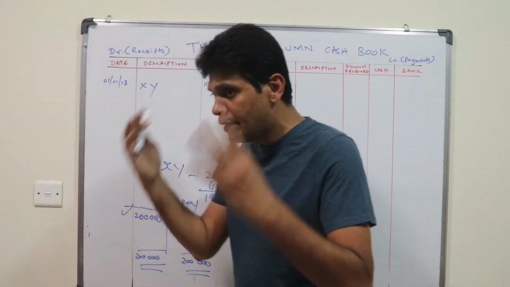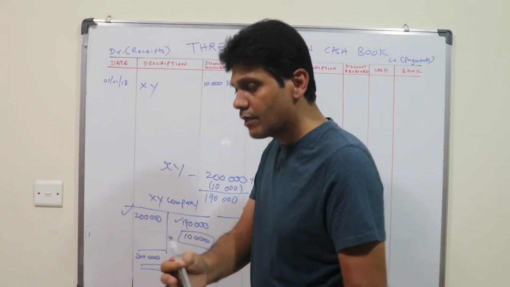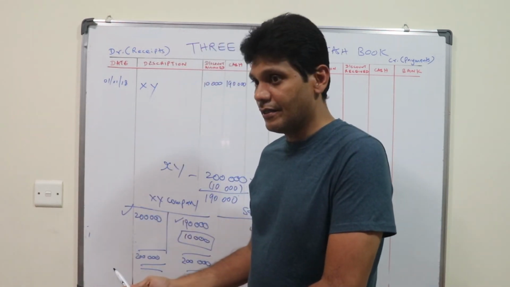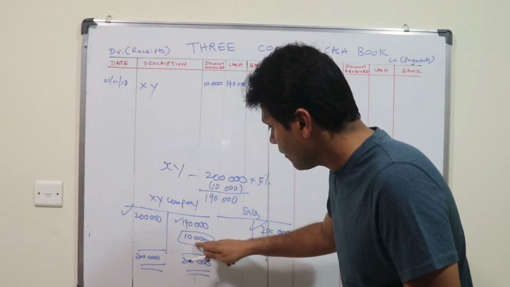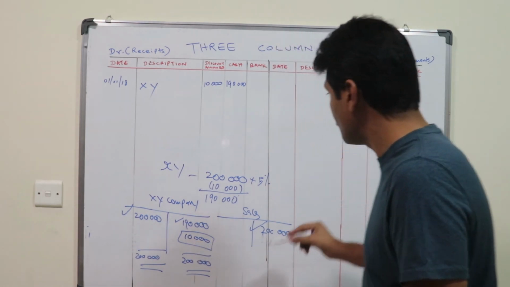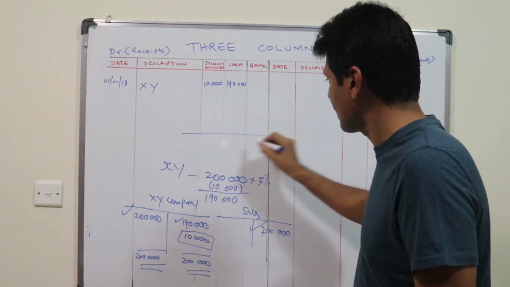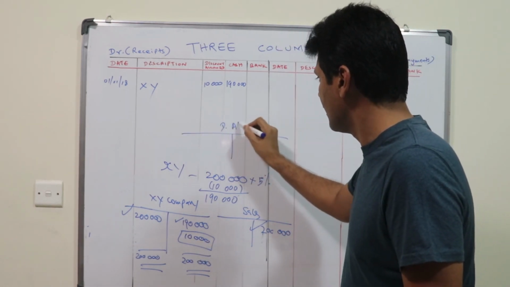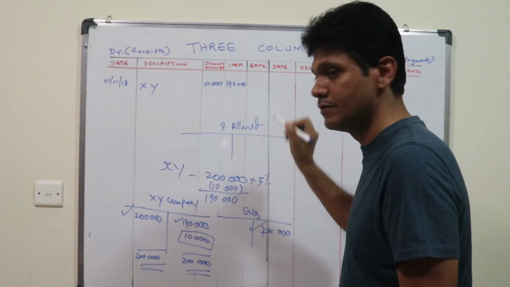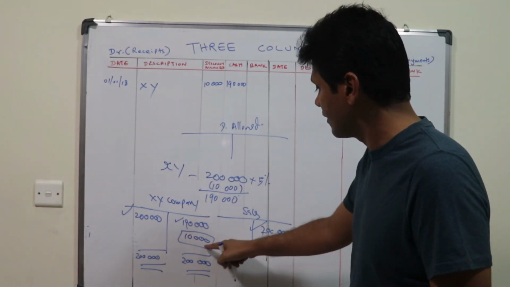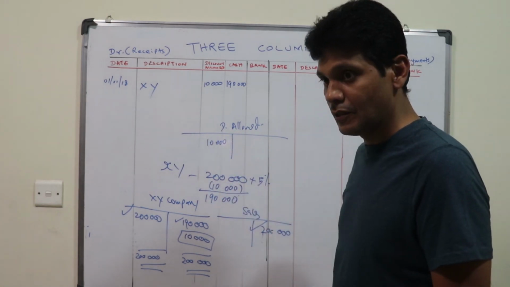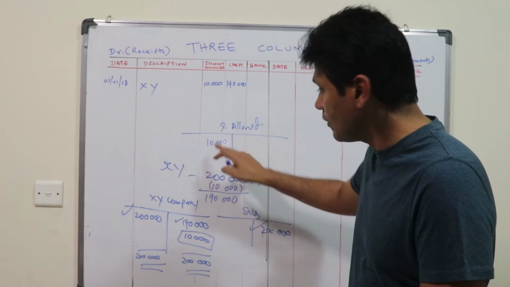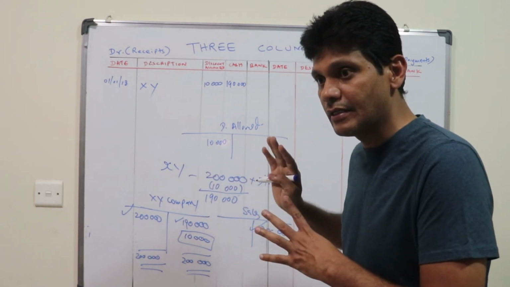Always think from the double entry point of view: if you debit one account, there should be a credit entry. This 10,000 is already there on the credit side, so you need to have a discount allowed account, and it has to be a debit. Thereby you are completing your double entry.